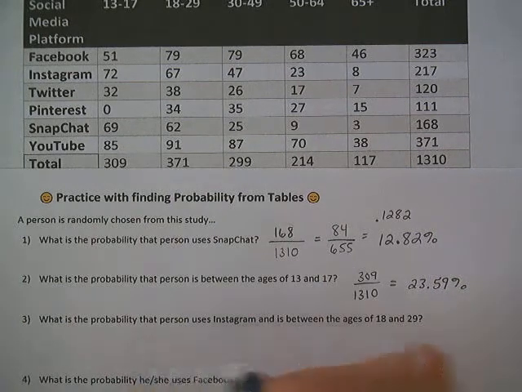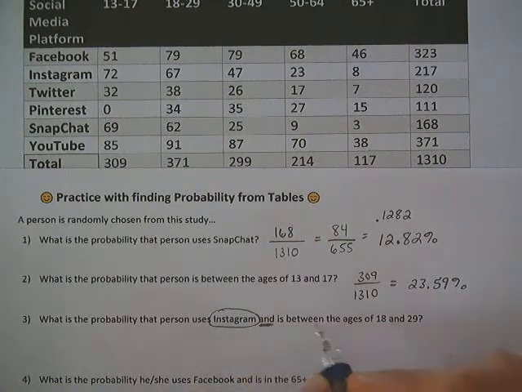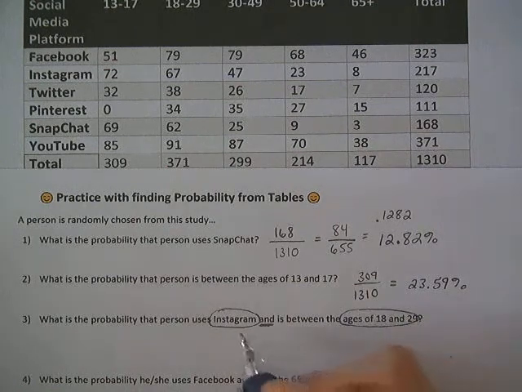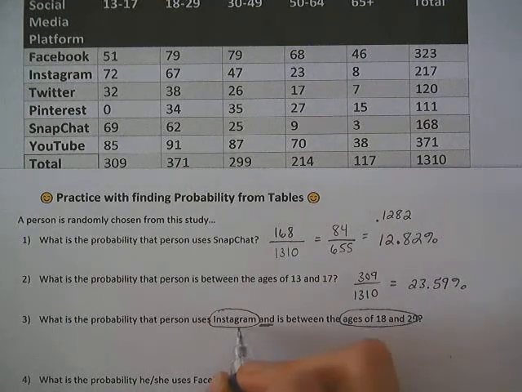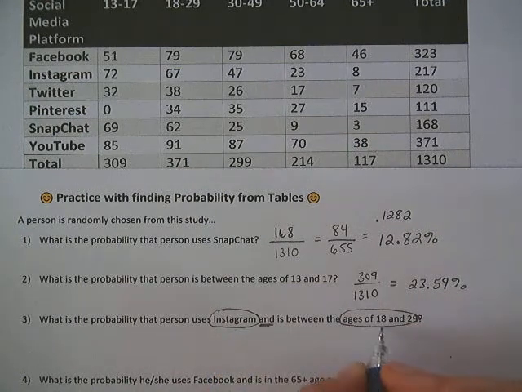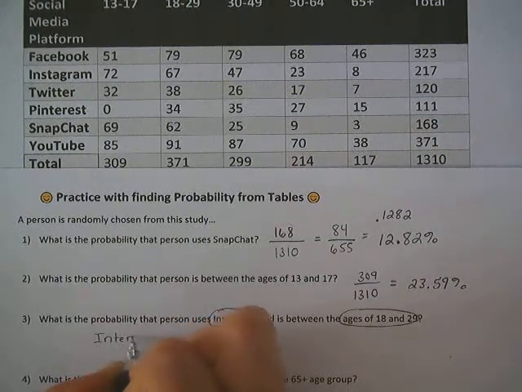You're looking at what's the likelihood that they would be in both of these groups, okay? So you're wanting them to use Instagram and be in this age group. That is an intersection problem, okay?